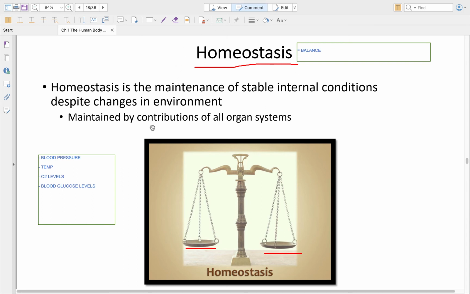In other words, homeostasis is this perfect, balanced, stable internal condition that you have in your body. You don't have to think about it because your body already maintains homeostasis all day, every day. Homeostasis is the maintenance and stability of your body, keeping it perfectly balanced, and I mean every single aspect of it.